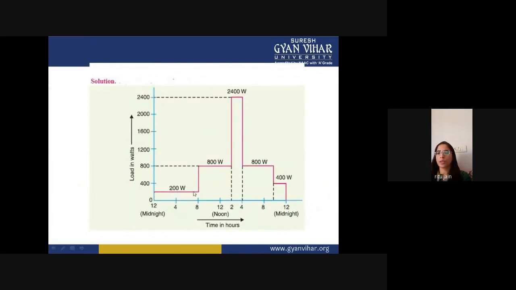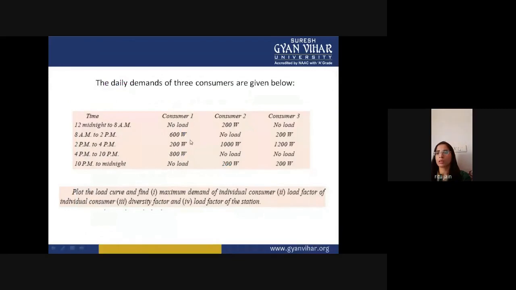From 8 a.m. to 2 p.m. you require 800 watt. You can check: 600 plus 200, this is your 800. Now 2 p.m. to 4 p.m. you require 2400 watt.